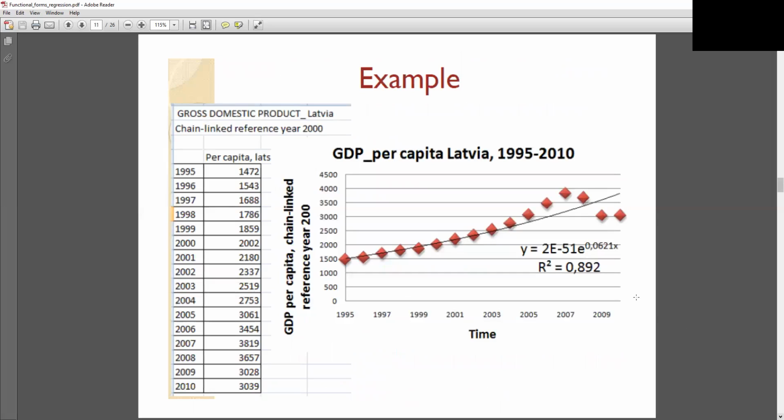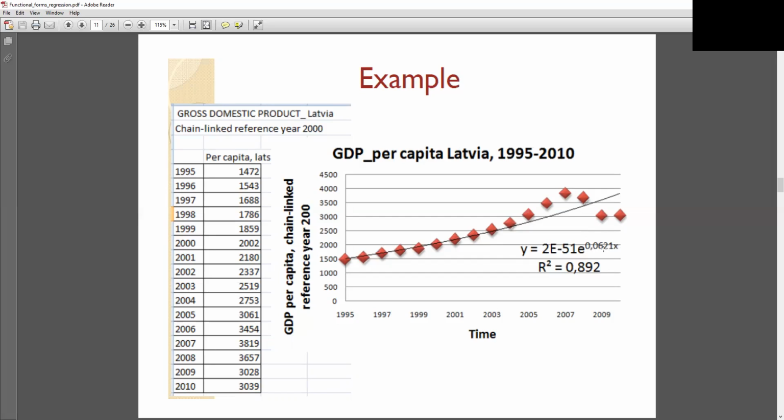Here, as you can see, this is the time period, your x, and this is your y. You have to take log of it. When you do the regression, what you'll be getting is 0.06, where the comma should be interpreted as a point. So 0.0621 is your beta 2.